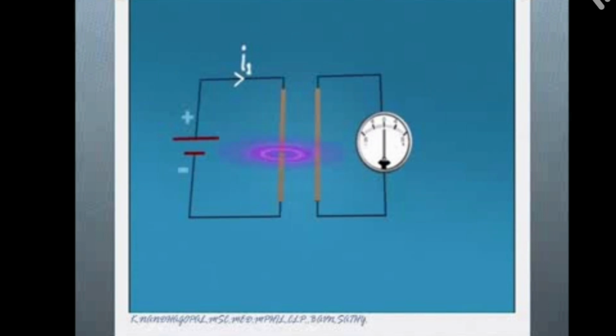From this principle, there are two types of transformer: step up and step down. A step up transformer increases the voltage and decreases the current. A step down transformer decreases the voltage and increases the current. Here voltage and current are inversely proportional to each other.